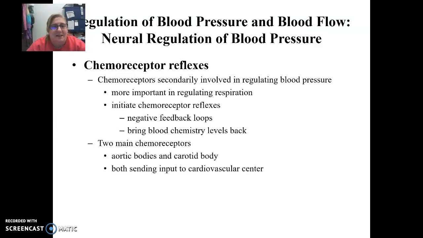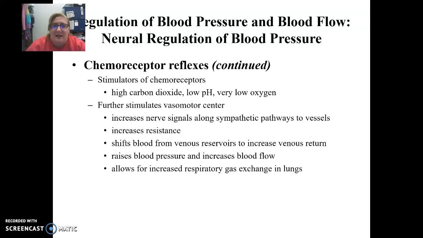Chemoreceptors are going to respond to a change in the amount of carbon dioxide in our system, as well as oxygen, and also to the pH of our system. They are also located in the aorta as well as in our carotid arteries. The main things they respond to are carbon dioxide and pH.